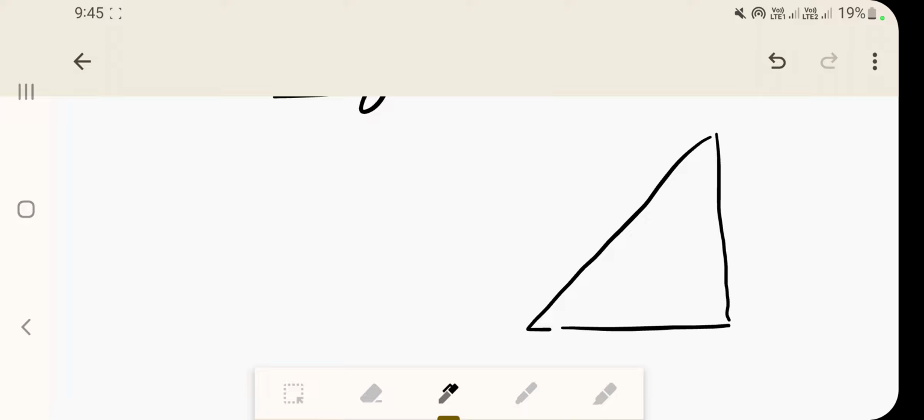Okay, right triangle. First of all, I'll tell you what a right triangle is called. A triangle, we know, basically consists of three sides, and a right triangle is one in which one of the angles is 90 degrees.